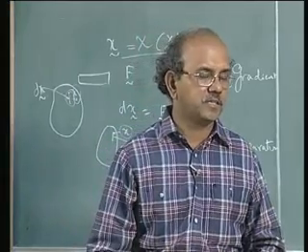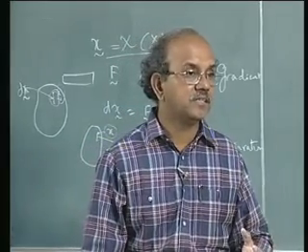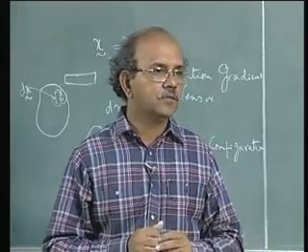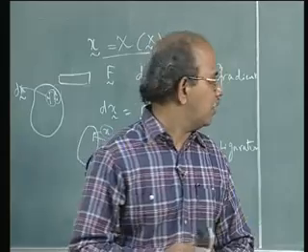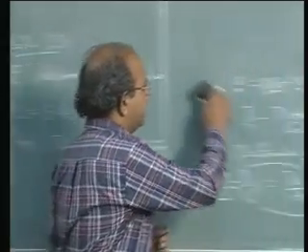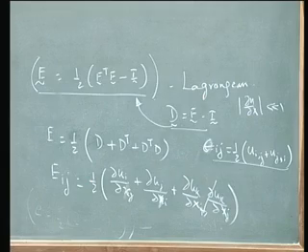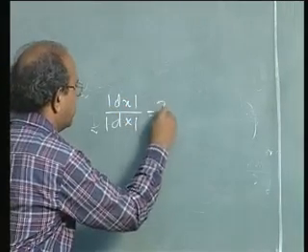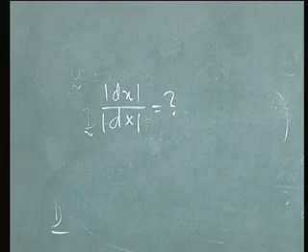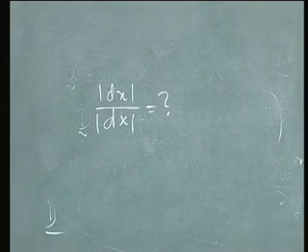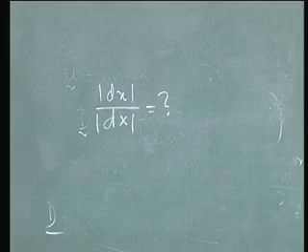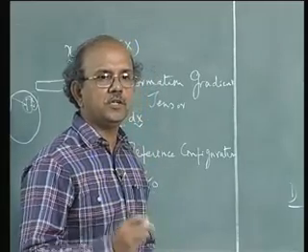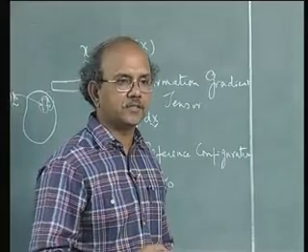As the name indicates, stretch means the stretching of this line element d capital X. In other words, when I say stretch, obviously what we are interested in is the ratio of dx by d capital X. Now this d small x and d capital X can also be defined by using unit vectors along their directions.